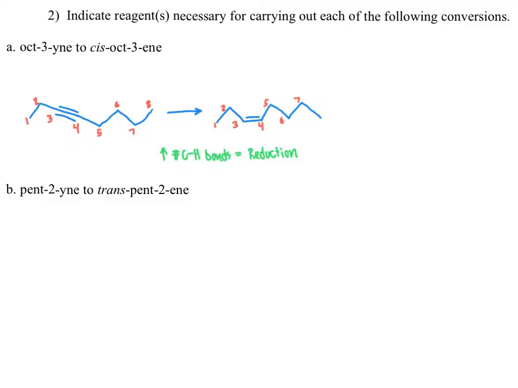In order to do this, we have to think back to the ways that we are aware of for carrying out the addition of hydrogen across a carbon-carbon triple bond. The ways we've learned to add hydrogens to alkyne groups: we could do a simple hydrogenation with H2 and a metal catalyst such as platinum or palladium.